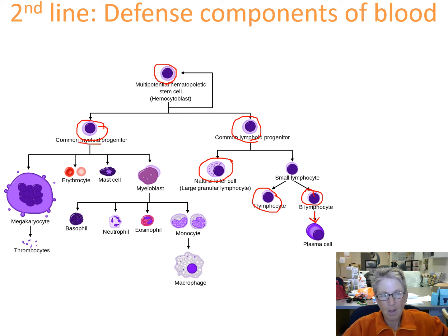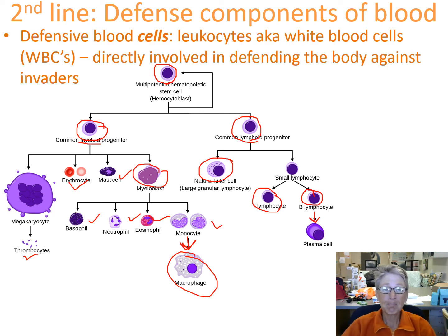The common myeloid progenitor will make thrombocytes, those are platelets, your erythrocytes, and mast cells, and then the myeloblast will make basophils, neutrophils, eosinophils, and monocytes. Once the monocyte leaves the blood and gets into the tissue, it becomes a macrophage. So there's a whole lineage of cells for you.